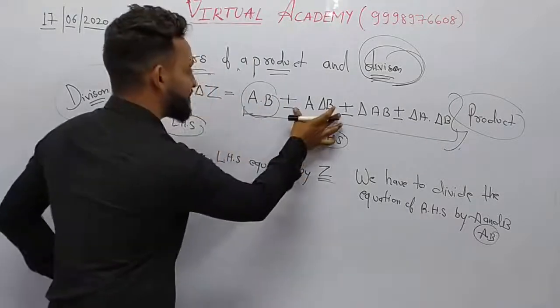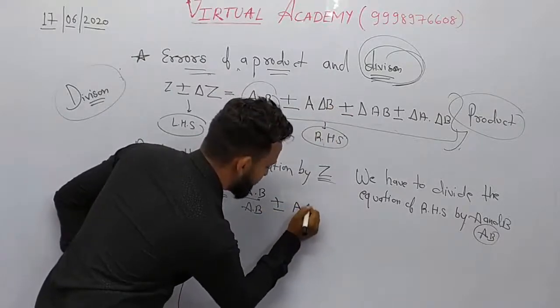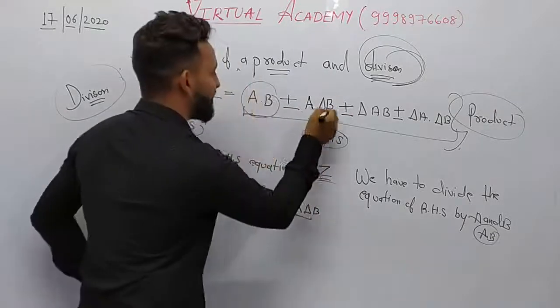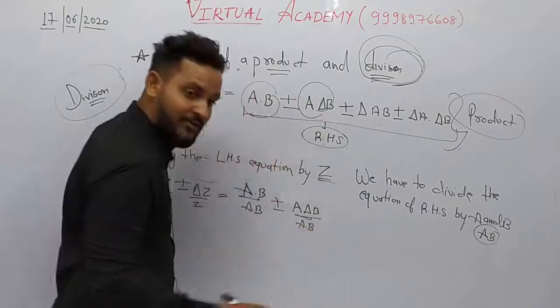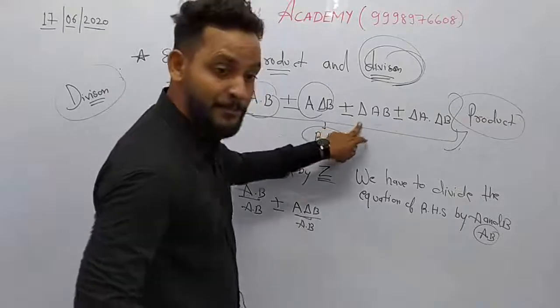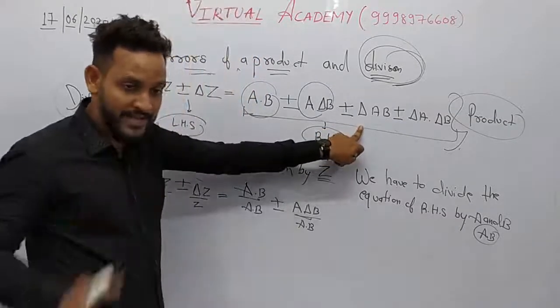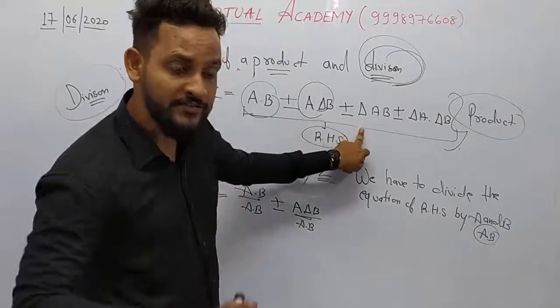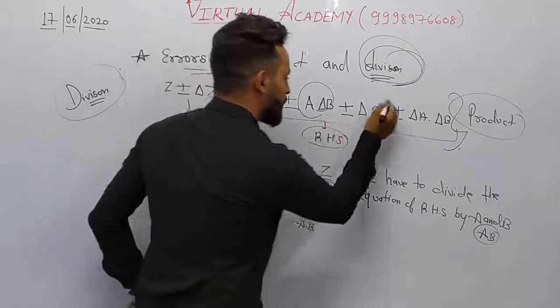This equation again divided by AB. We have to divide all the right hand side equation by AB. Clear? Try to catch these words: you have to divide all the equation of right hand side by A and B. Now go for it.